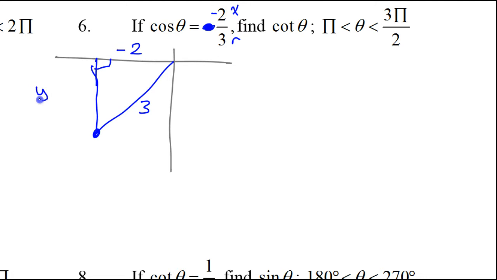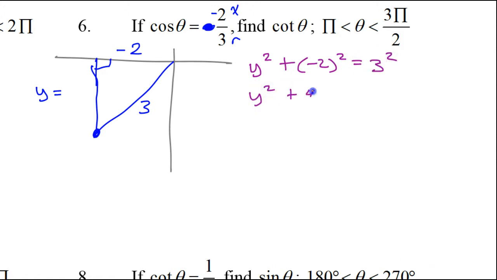Okay, so I need to find this y value, but keeping in mind, is this going to be positive or negative? This is going to be negative because it is down. It is below the x-axis, so make sure you choose the negative version when it comes to it. So here comes my Pythagorean theorem. So I've got y squared plus negative 2 squared is equal to 3 squared.